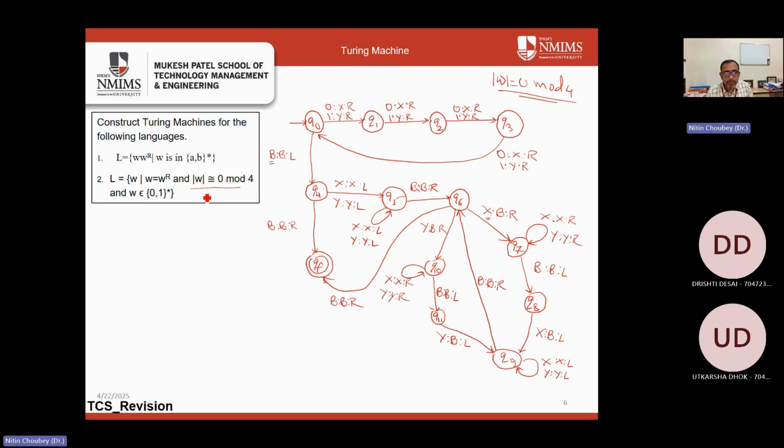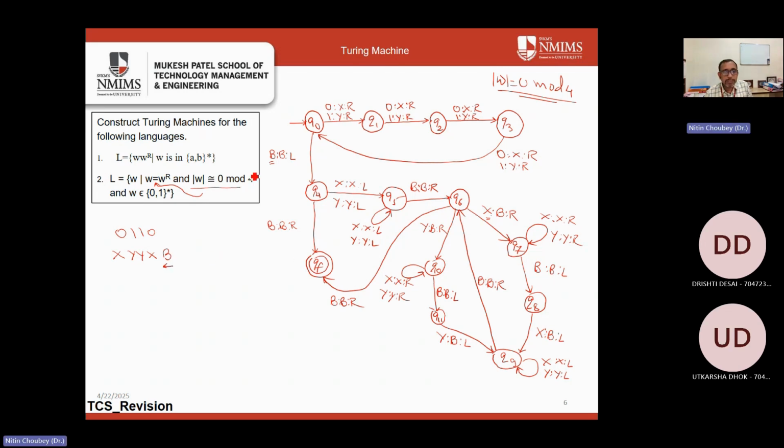We are moving ahead to check the second criterion, that is, the given string reads the same forward and backward. For that purpose, say our W is equal to 0, 1, 1, 0. Through Q0, Q1, Q2, Q3 we replaced this with X, Y, Y, X, and we are at this blank, right?